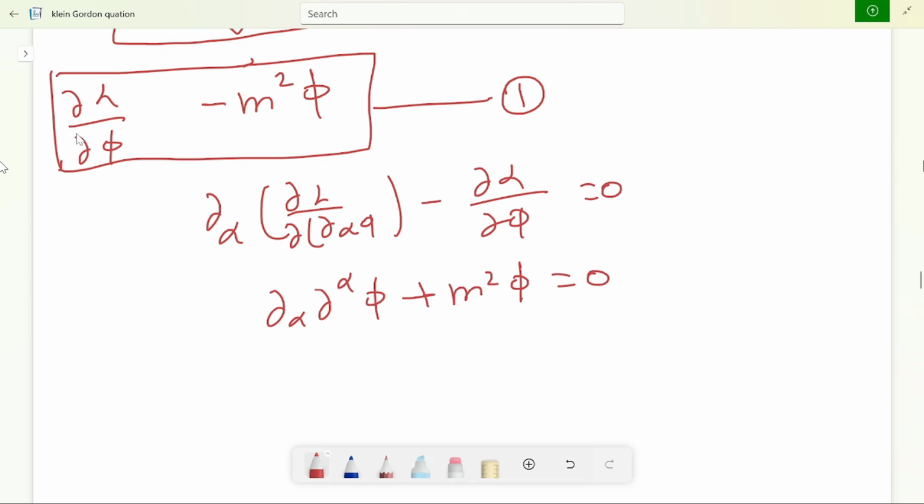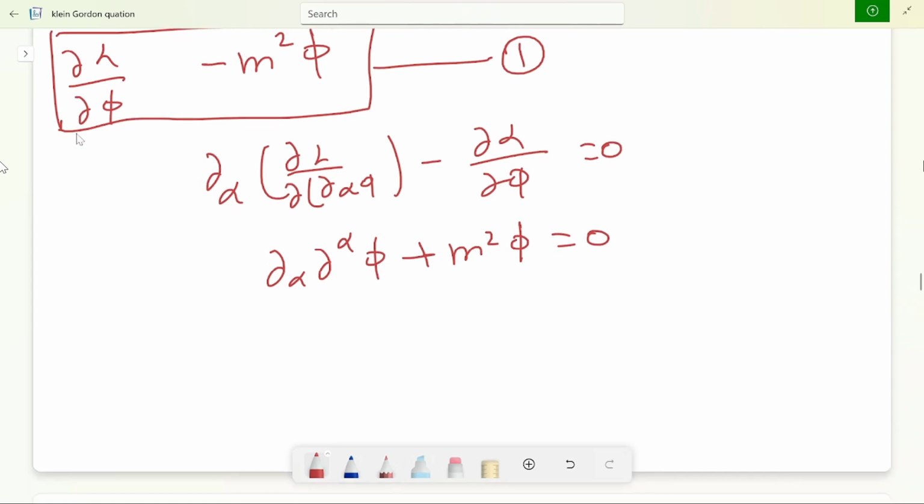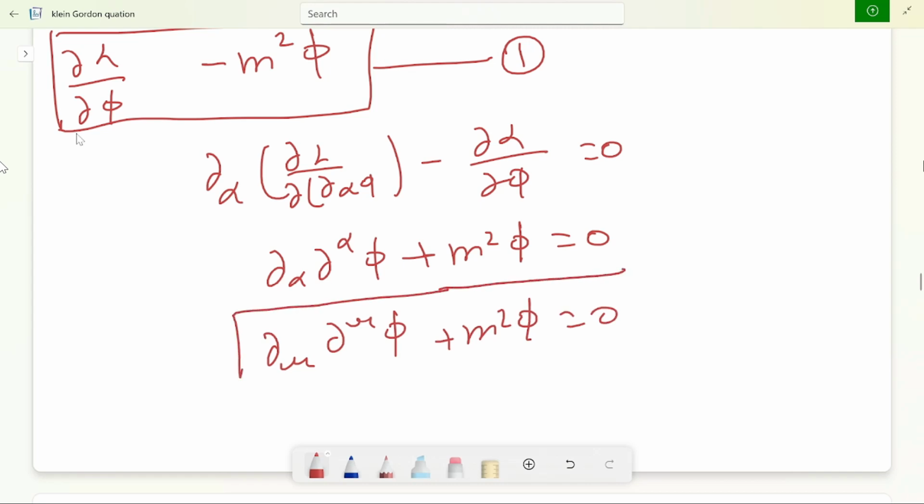Now there is one more thing to notice, that alpha is being summed over as it is the repeated index, and therefore it is also a dummy index. So we can replace all the alphas in this equation with something different. We'll use mu, right? So this just becomes d mu d mu phi plus m square phi is equal to 0. This is the Klein-Gordon equation, right?